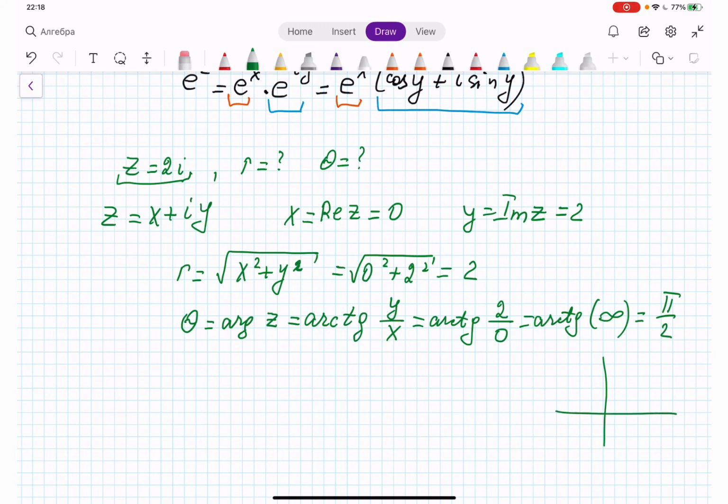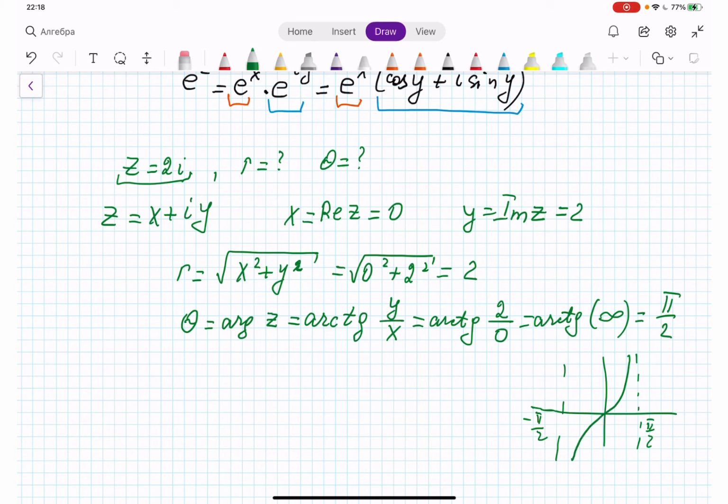Because on the graph, this is your half a pi. This is your negative half a pi. If you open the pre-calculus video, I have gone into details about every single trig function. So you will see this is the graph of tangent.